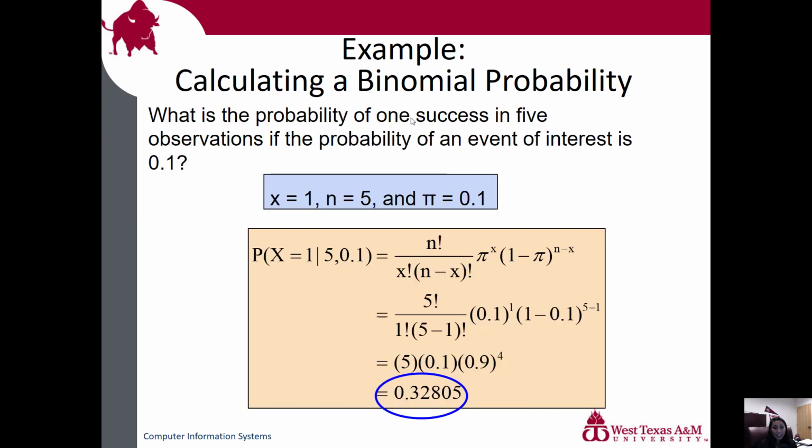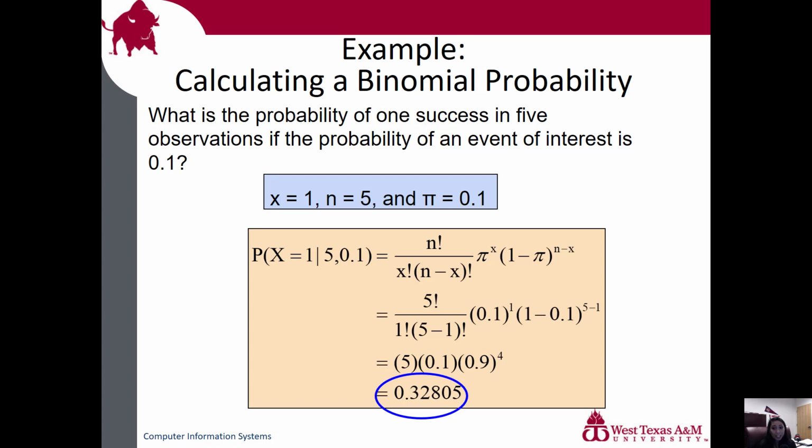So what is the probability of 1 success in 5 observations if the probability of interest is 0.1? So say I've created a test to determine whether caffeine is in someone's system, and the probability that the test can correctly identify that caffeine is in the system is 0.1.